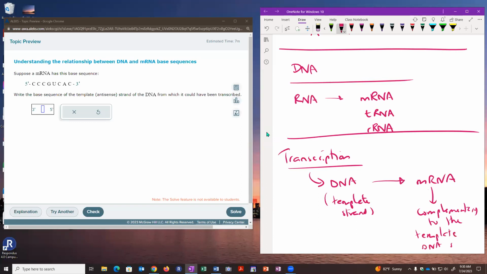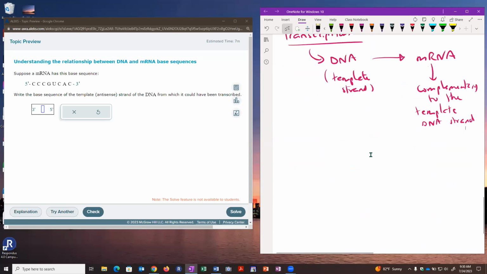So all we need to do is use our complementary base pairing. The template, or antisense strand, is going to be in the opposite direction, so it's going to be 3' to 5'.